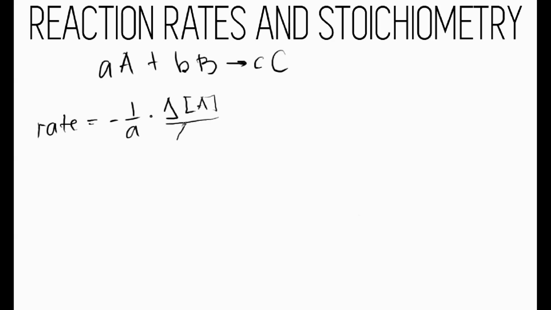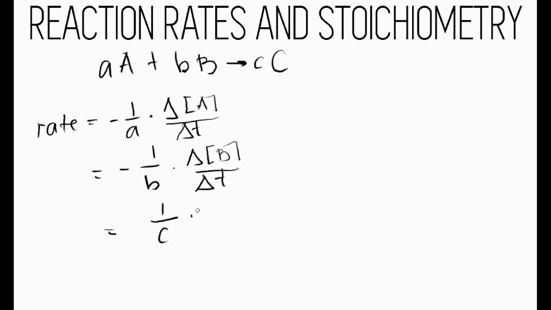Since we know that the reaction rate is change in concentration over change in time. This is also equal to the negative reciprocal of the coefficient of the second reactant, which is B, multiplied by the change in the concentration of B over change in time. And this is also equal to the reciprocal of the coefficient of the product, which is C, multiplied by the change in the concentration of C over change in time.